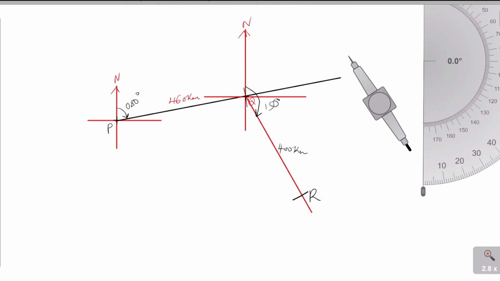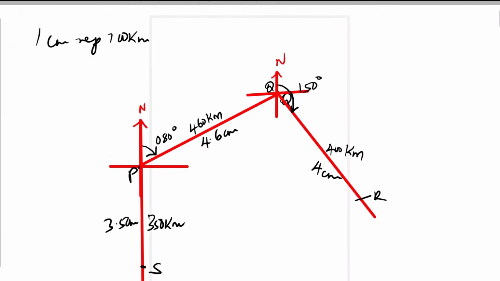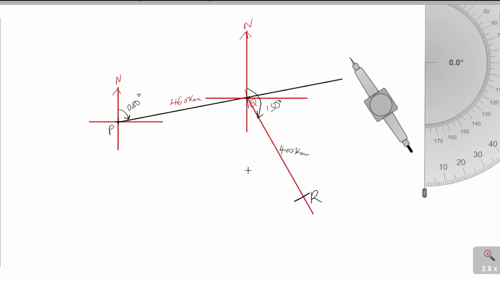What is remaining now is the position of S, which is 350 kilometers due south of P. So we stand at P and extend that line southwards. Due south means directly south. That will be 3.5 centimeters. So you just need to extend these using a ruler.